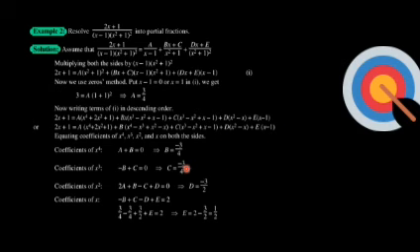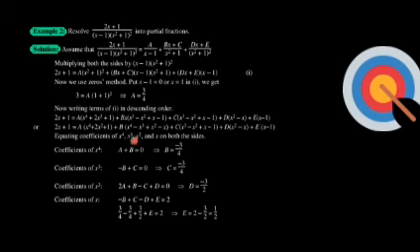Upon equating the coefficients of x power 4, on the right side they are A, B. So A plus B is equal to 0, since on the left side there is no coefficient of x power 4. Put the value of A in this equation to get the value of B. So B gives minus 3 by 4.